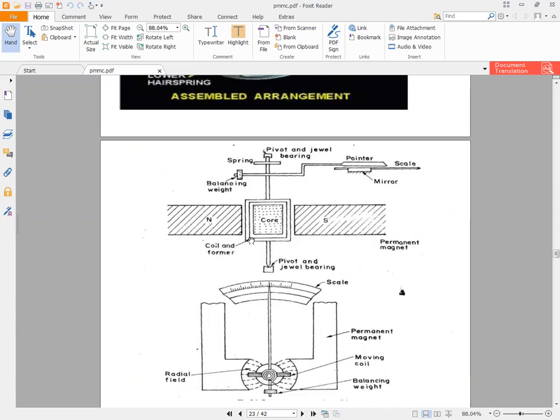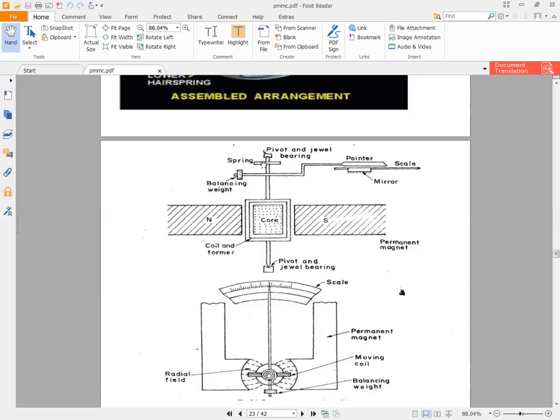These iron core and the coils are placed in the magnetic field of the permanent magnet, and this total system is placed on the spindle. This is our spindle, and on that spindle we are taking the iron core and the former.